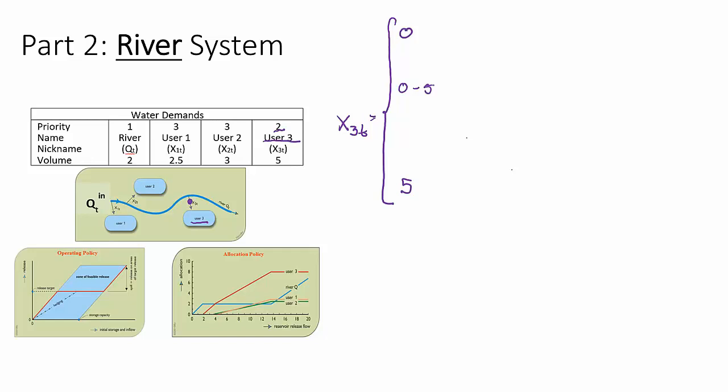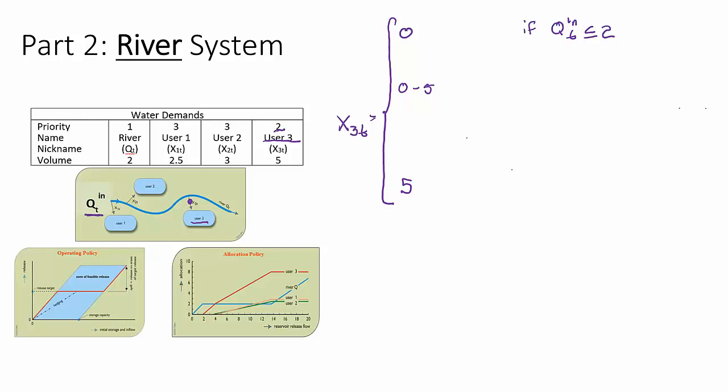So this can be 0 if the water available, this Q in, is less or equal than 2 units. So in this case, if this water coming in is less or equal than 2 units, water will only be allocated for the highest priority user, which in this case is the river.